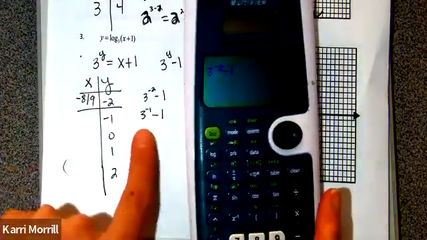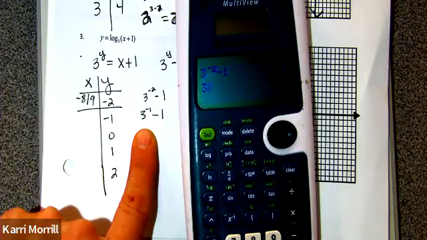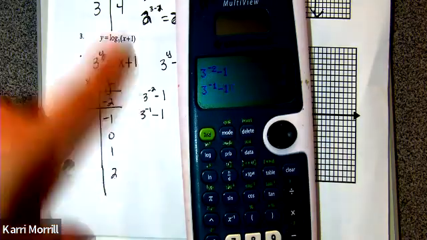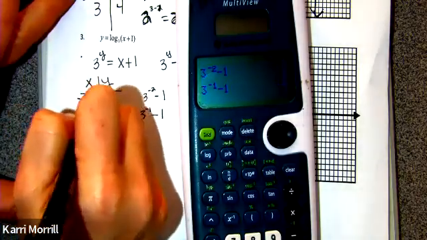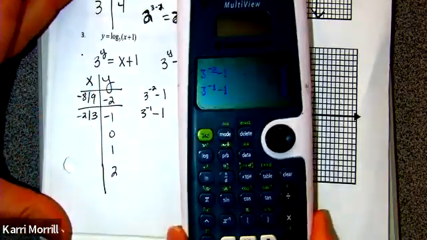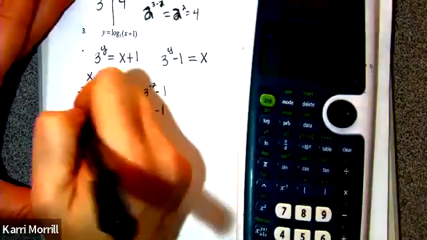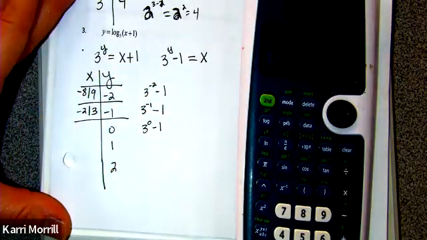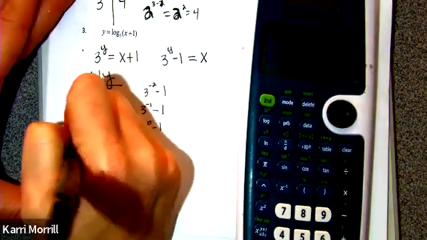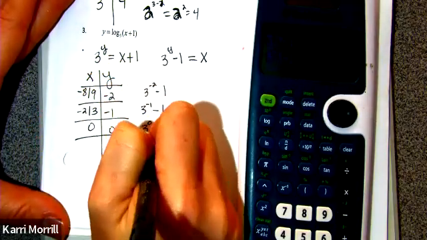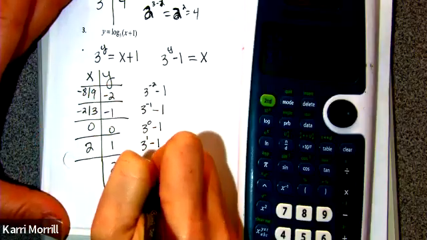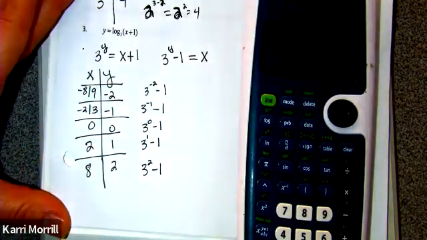So we're plugging in our y's to find our x. It'll be a -2/3. 3 to the 0 power minus 1. So that's like saying 1 minus 1, which is 0. 3 to the 1st power minus 1 is 2. And 3 to the 2nd power minus 1 is 8.